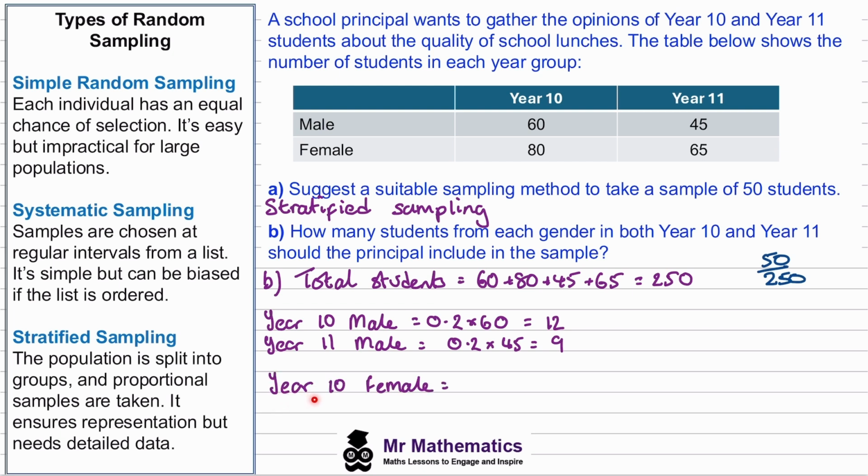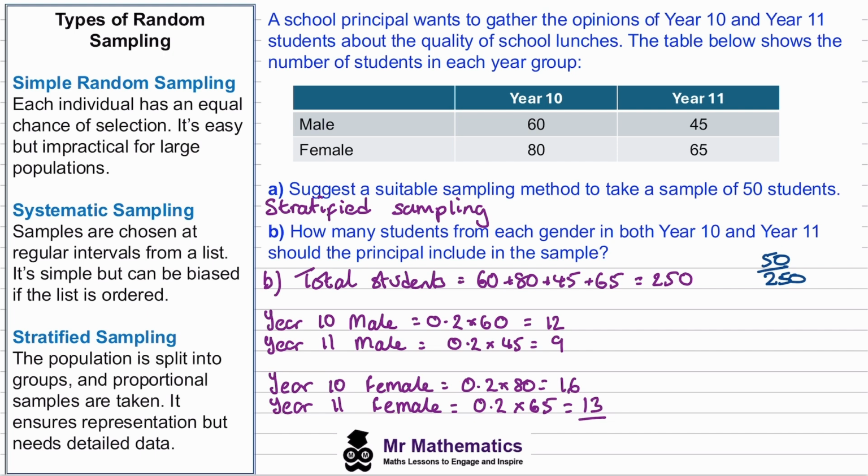And then for the year 10 females, we're looking at the 0.2 times 80. And then for year 11 females, we're looking at 20% of 65, which is 13 students. Okay? So now you've got your sampling size for each group, you would use a sampling frame to choose these people at random. Okay, so in this example, use stratified sampling.